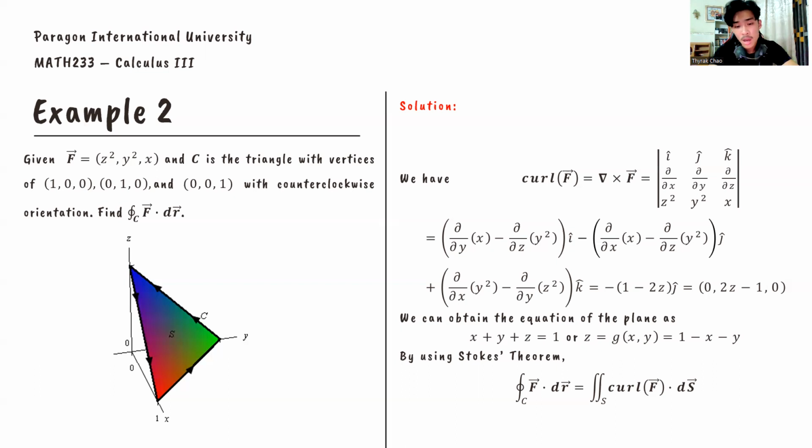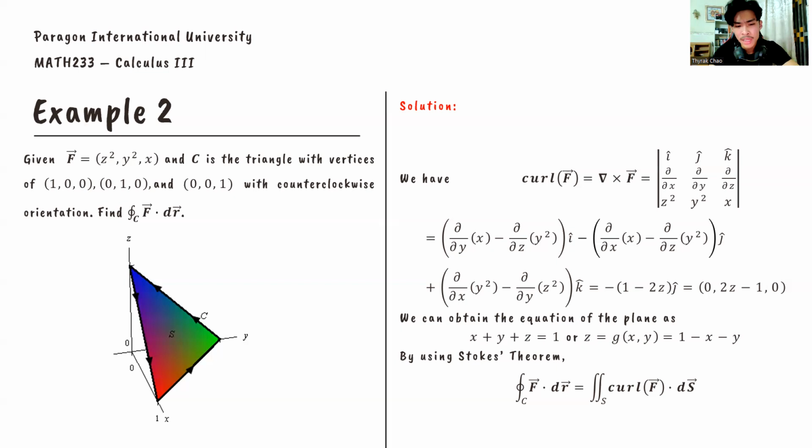We can obtain the equation of the plane as x plus y plus z equals 1, or z is equal to the function g of x, y equals 1 minus x minus y.